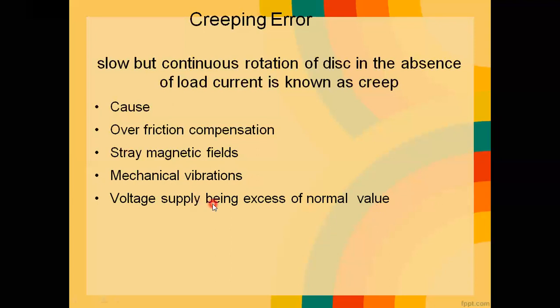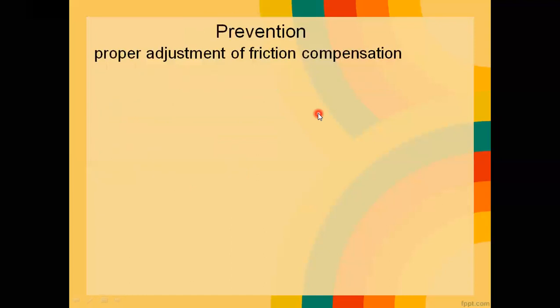If the voltage is more than the normal value, that can also cause aluminum disc rotation, slow but continuous, even though there is no load current. Now, how to prevent the creeping error? Proper adjustment of friction compensation, which should not be overdone. There should not be over friction compensation.